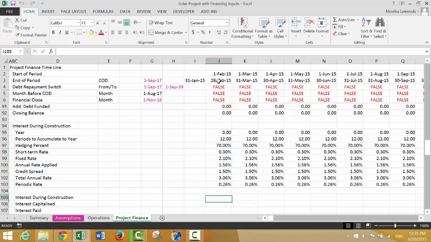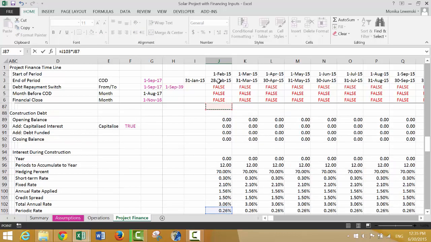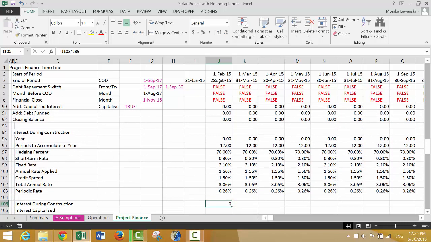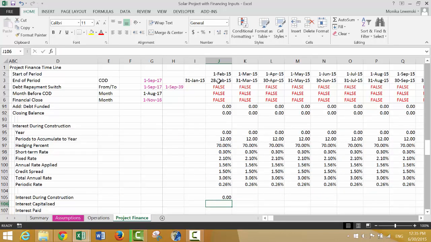And then the interest during construction is just this periodic rate multiplied by the opening balance, and interest capitalized.